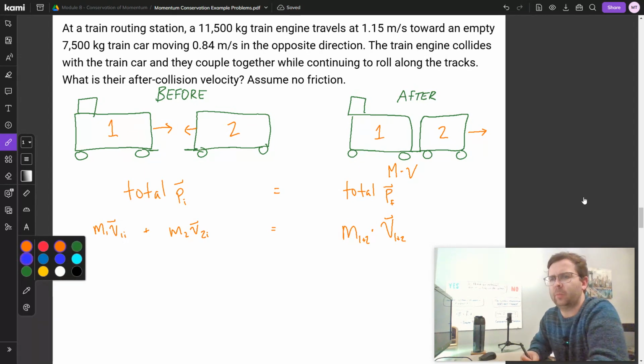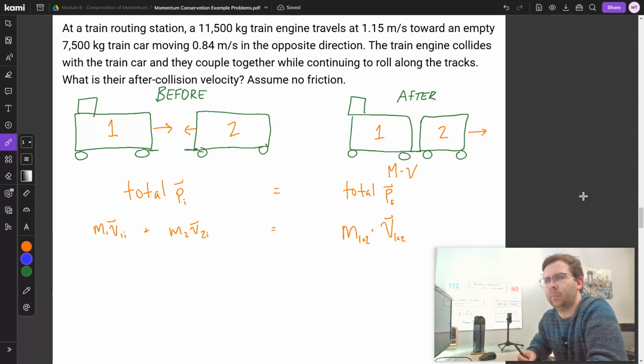Okay, so now I'm ready to substitute in the numbers from the word problem. The first train cart is 11,500 kilograms of mass, and it was moving at 1.15 meters per second. Plus mass 2 is 7,500 kilograms times 0.84 meters per second.